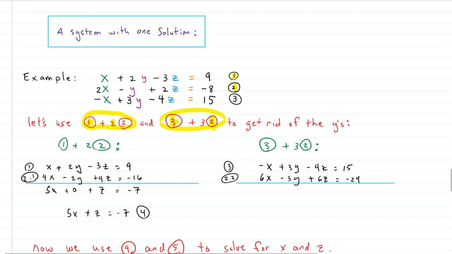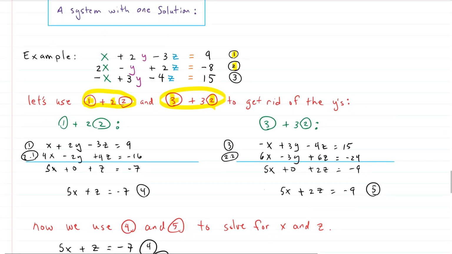When we add these equations, what do we get? 5x plus 0 plus 2z equals negative 9. So we have a new equation here: 5x plus 2z equals negative 9. We'll call that equation 5.